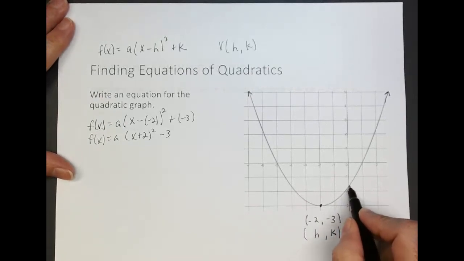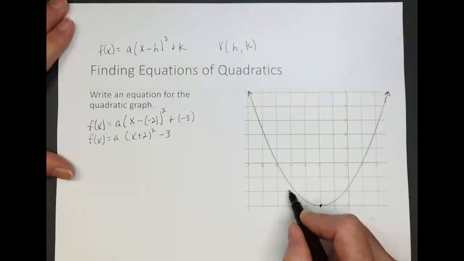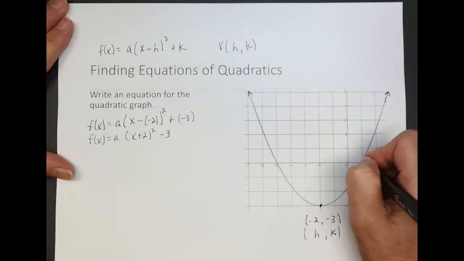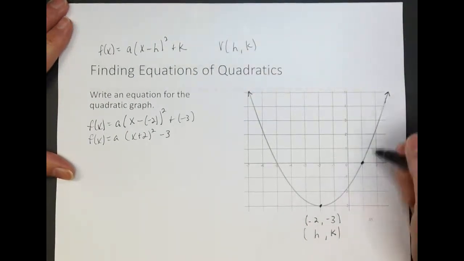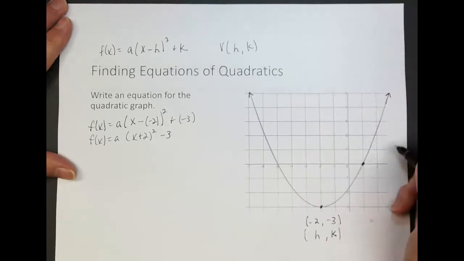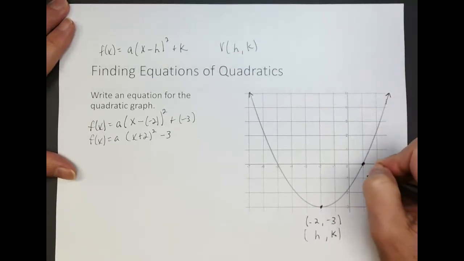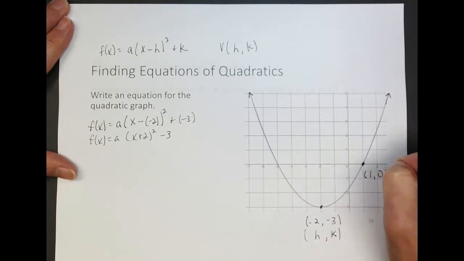Look, these are all in between and decimals, but look at this point here. That looks like the graph is crossing right exactly at the intersection of the tick mark. So it looks like the coordinates of this point are exactly 1, 0. Okay, 1, 0.